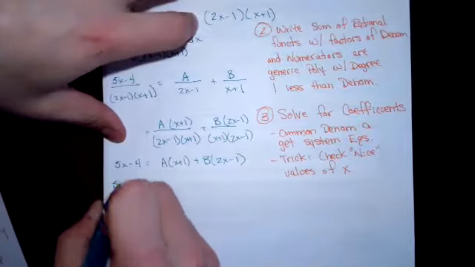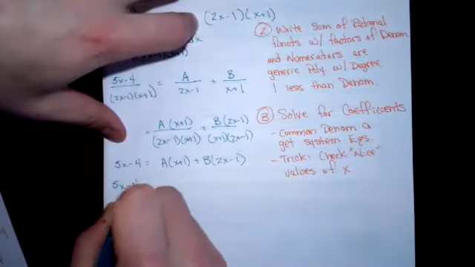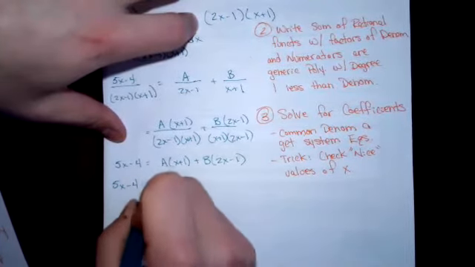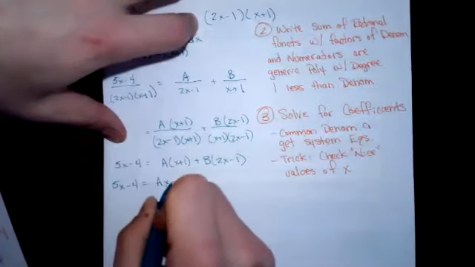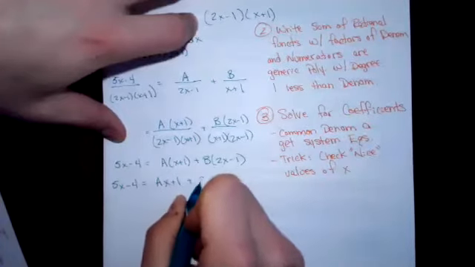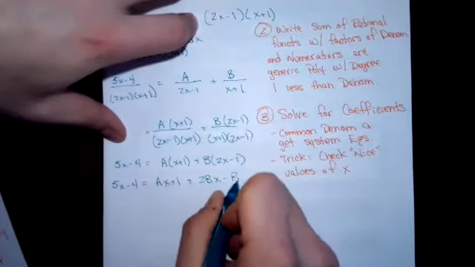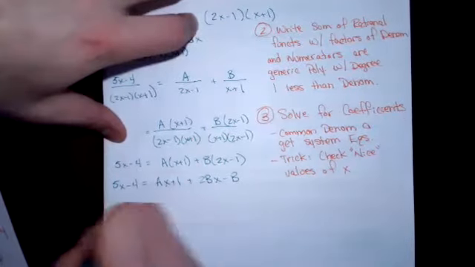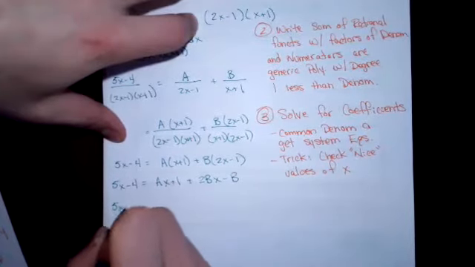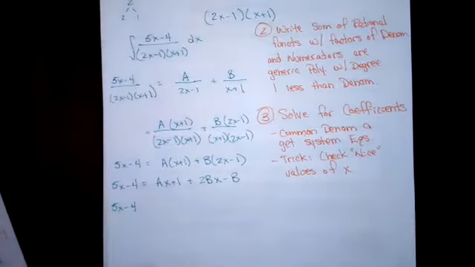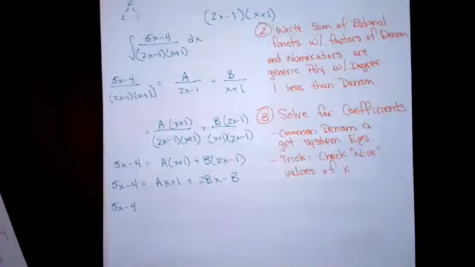So how do we solve it? The proper way is to expand everything out. So we will have a(x plus 1) plus 2bx minus b. Combine your like terms, and I guess I should say combine the coefficients for powers of x.